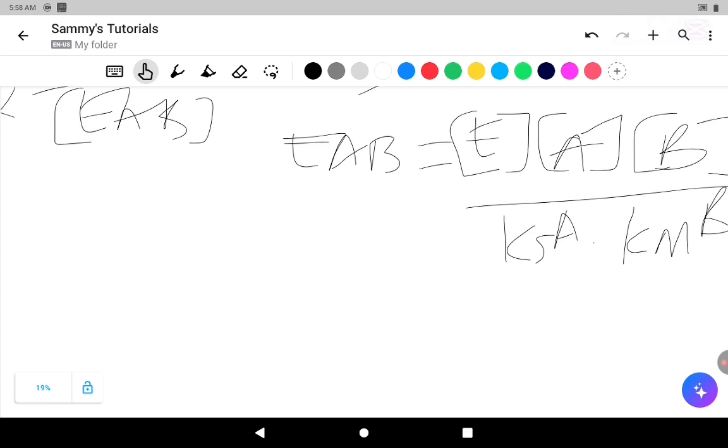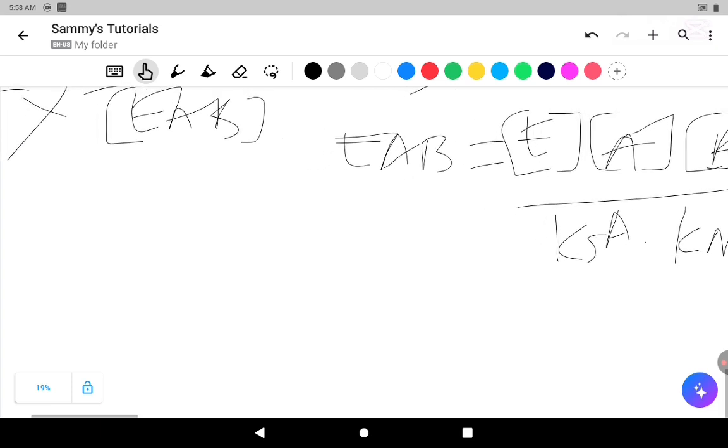Now that's not all. You want to make E, the enzyme, the subject of the formula. How do you do that? Simple. Look, here KS and KM will come over here and multiply, while this A and this B will come here and divide, right? So what you have now is this.